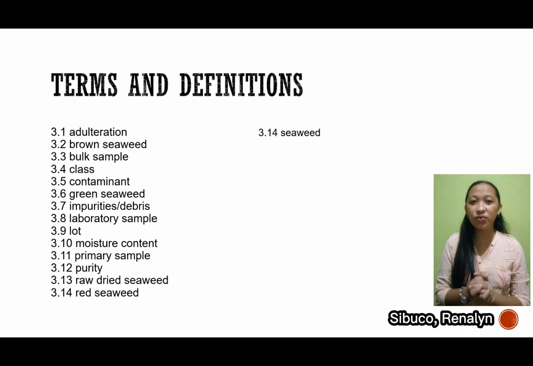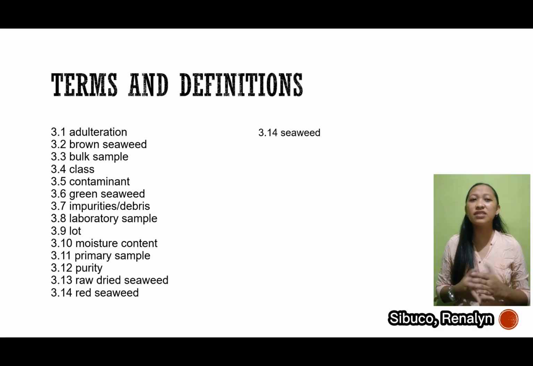Raw dried seaweed, red seaweed, and lastly, we have the seaweed. So for raw dried seaweed, it is freshly harvested, clean seaweed that is either sun or air dried. For red seaweed, color ranges from green, red, brown, yellow, orange, or purple to black.